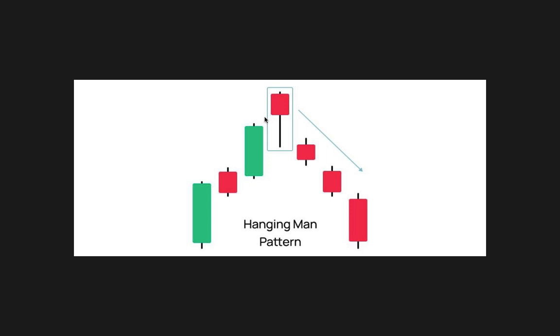When you spot an open and a wick with a very medium body before the next candlestick opens, you should know that yes, this is the hanging man. This is how it looks.